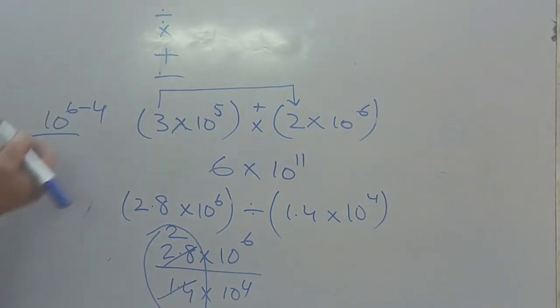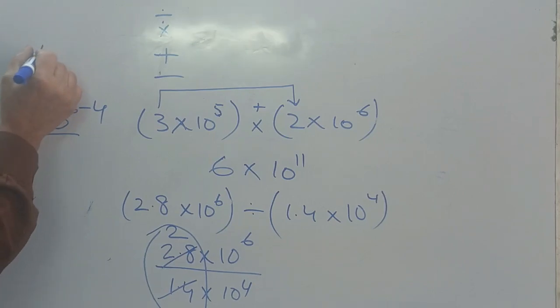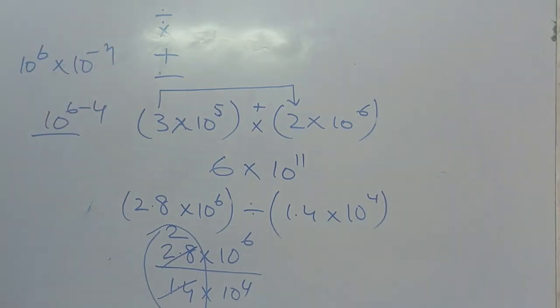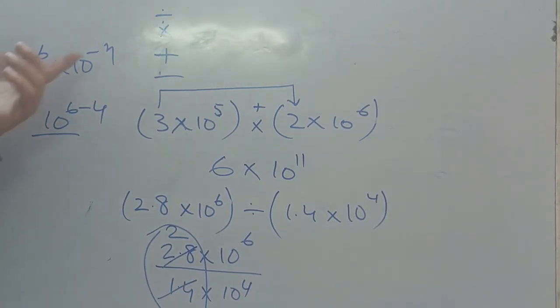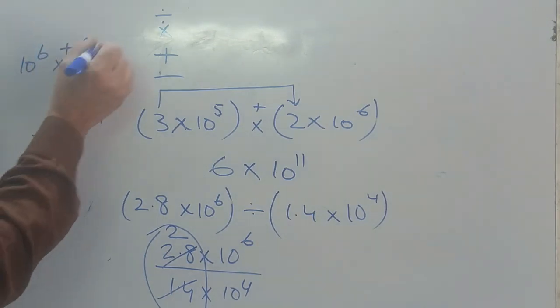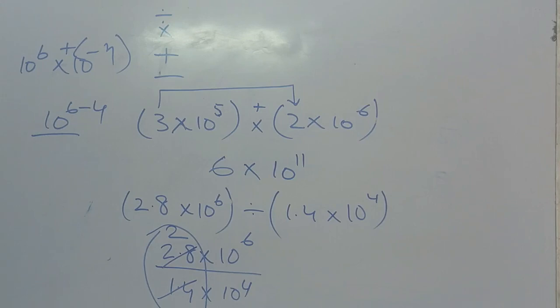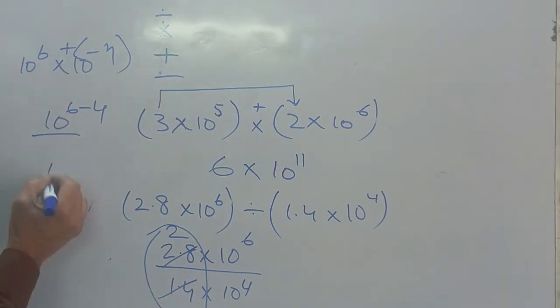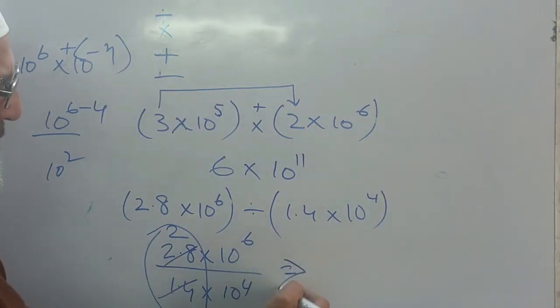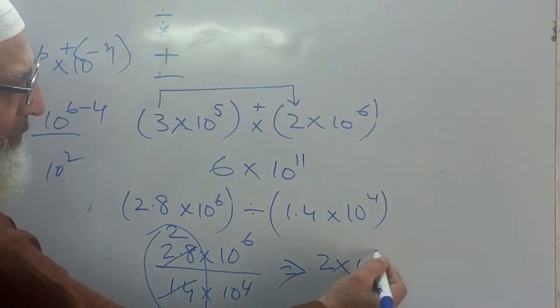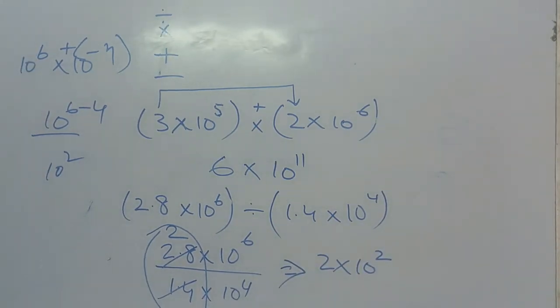When the bases are the same, we have to add these two exponents. 6 plus minus 4 will be written like this, so it will become 10 raised to power 2. So it will become 2 into 10 raised to power 2. So this is our answer.